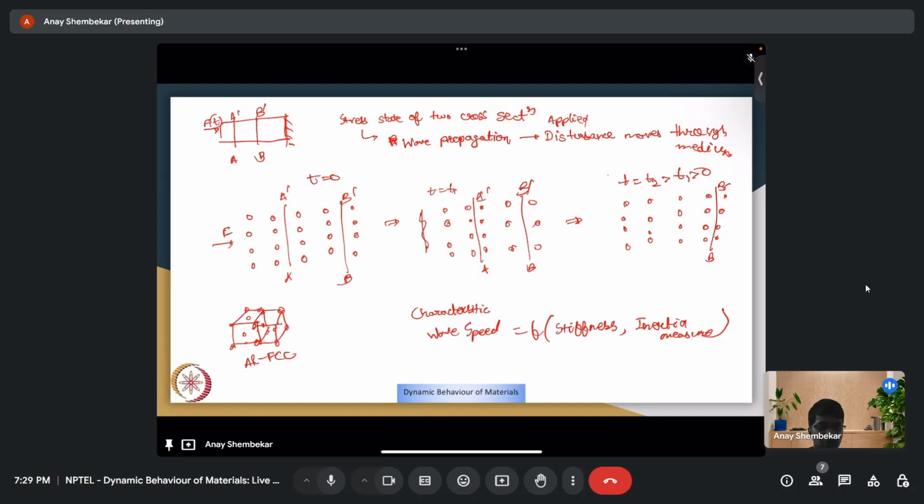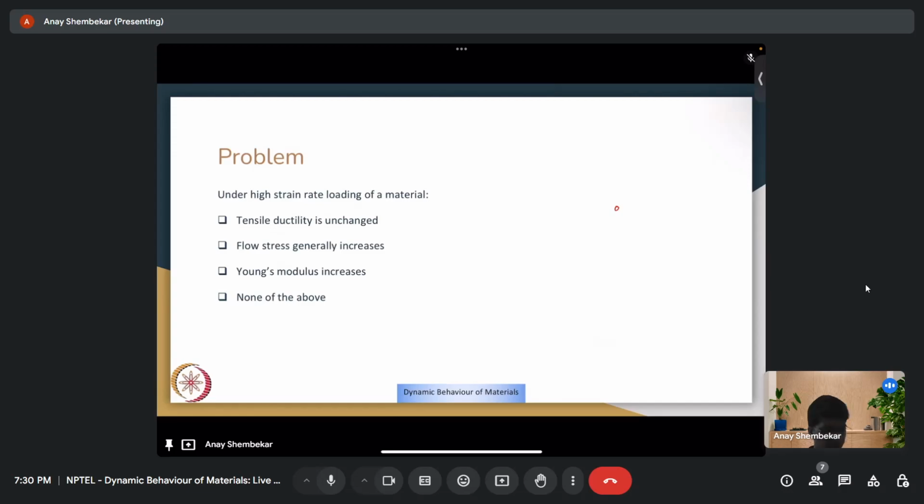This is a very crude, very simplistic way to think about this. As we go deeper into elastic waves, you'll see how whatever we are talking about makes much more sense. With this overall understanding of dynamic deformation, we'll quickly look at a few problems.